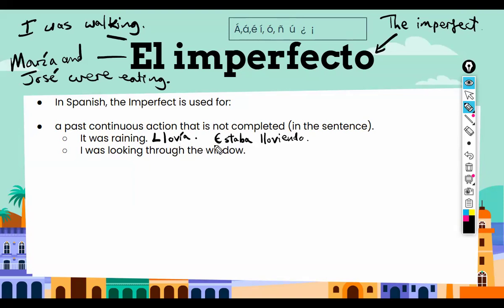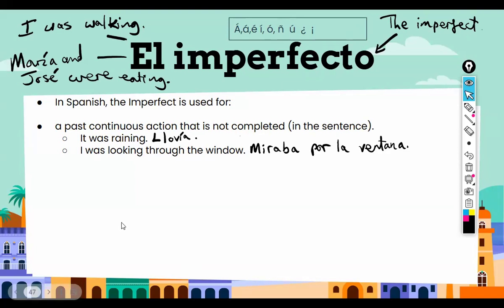So I'm only going to leave the first example since that is the one that is completely in the imperfect tense. All right, I was looking through the window. Miraba por la ventana. So on the next slide, we're going to go over how to form the imperfect tense, right? But as we do the examples, I'm going to put in the Spanish for you one time as well, right?